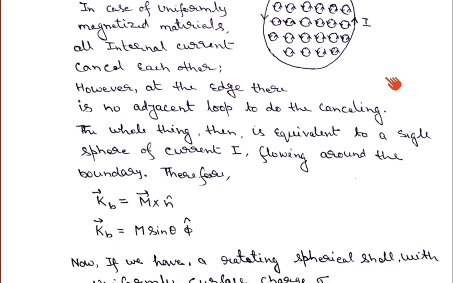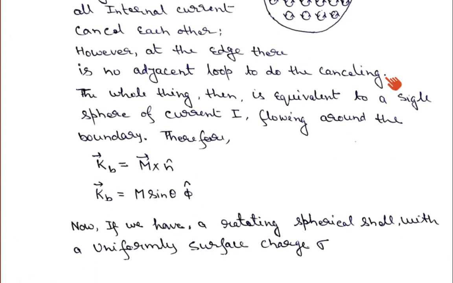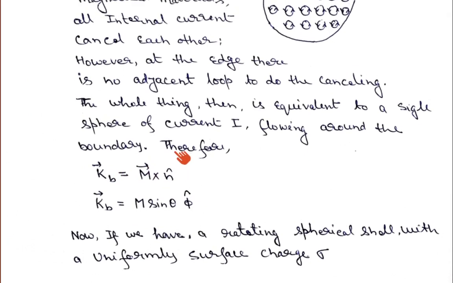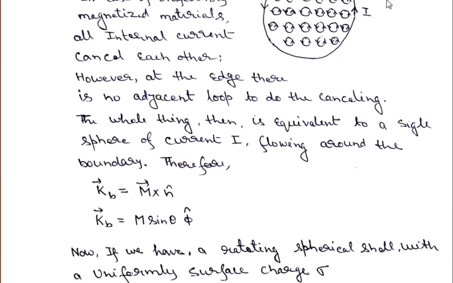It means that in order to calculate the magnetic field due to the magnetization of a sphere, we have to find the magnetic field due to this surface bound current. This surface bound current can be written as Kb equal to M cross n unit vector, where n unit vector is the normal to the surface of the sphere.